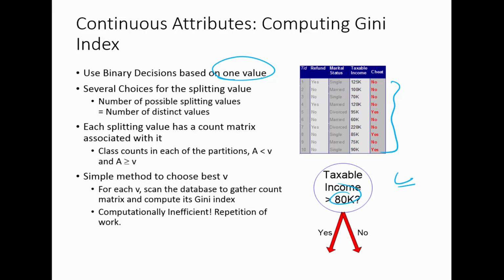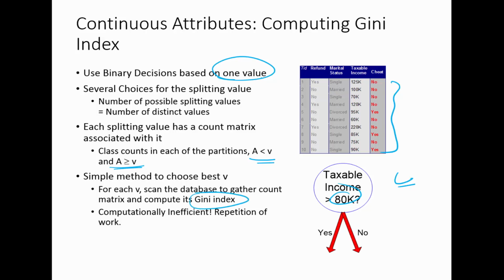How do we come up with that? Each splitting value has a count matrix associated with it: the class counts in each partition. So what is that value for which you get the best classification? We have found that to be 80, and using the Gini index you can find it out.